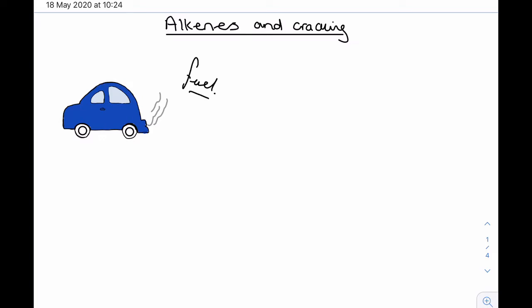And in the world that we are in at the minute, there is a lot of fuel being used. And we're continually needing to find different ways of finding fuel. Now, crude oil, like I've said before, is a mixture of molecules, mainly hydrocarbons, just to remind you of that.